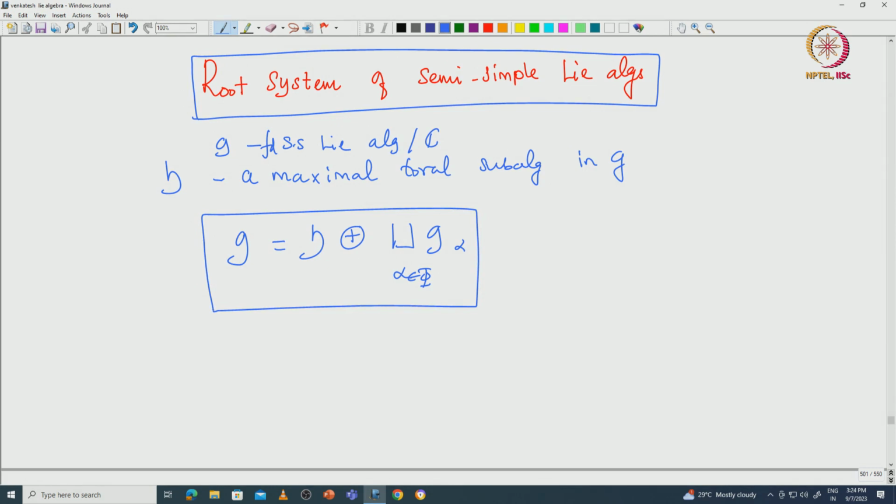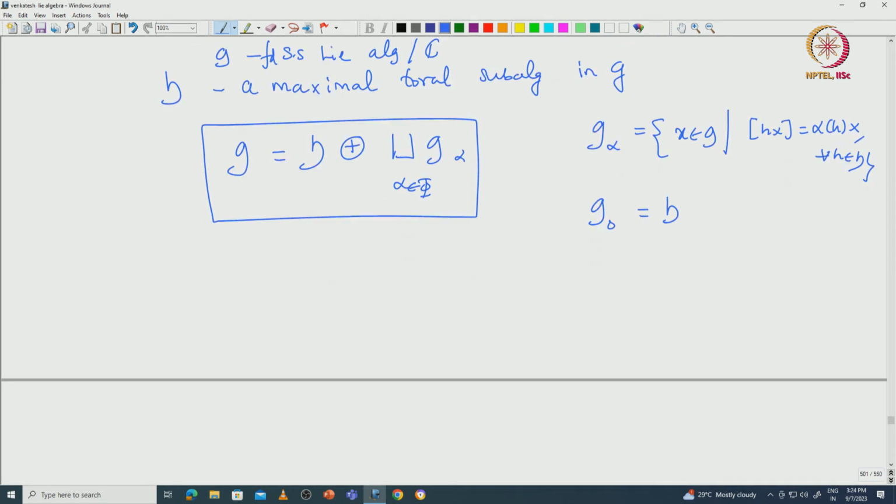In this root space decomposition, recall that G alpha is nothing but those x in G such that the bracket [H, x] is equal to alpha(H) x for all H in H. Note that G naught is nothing but H. So, these are all the things that we have already seen.